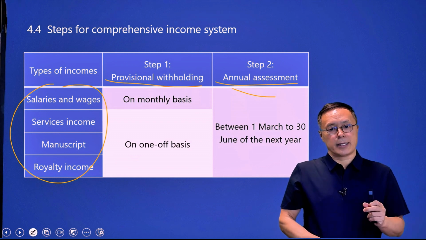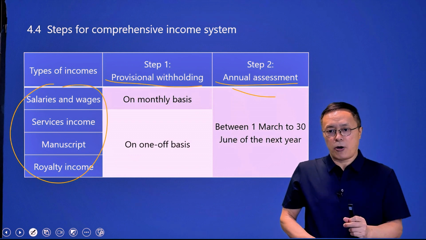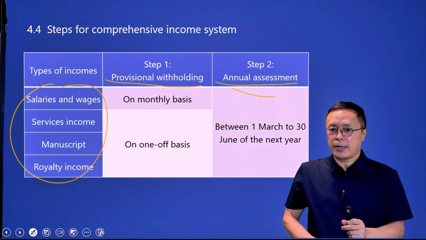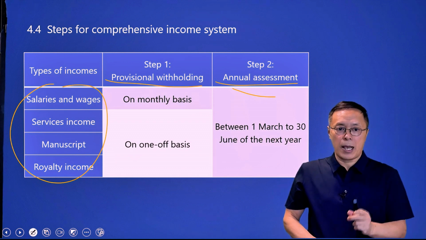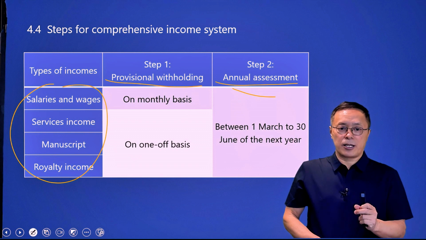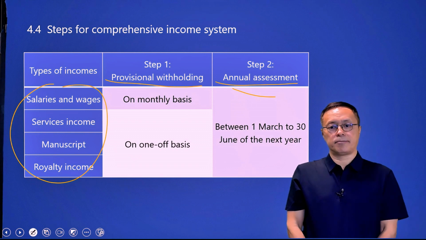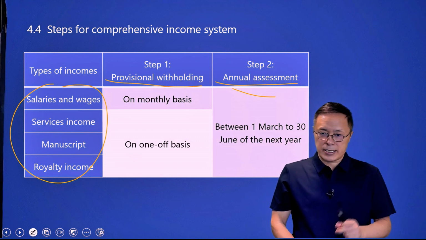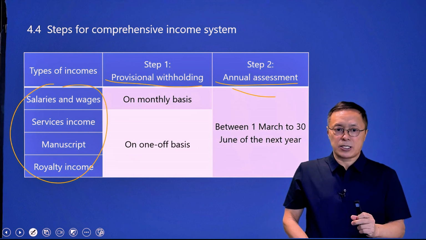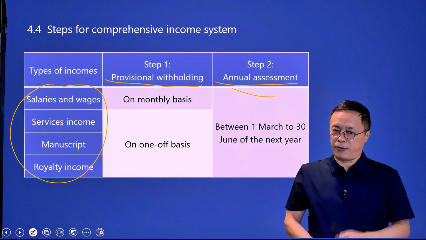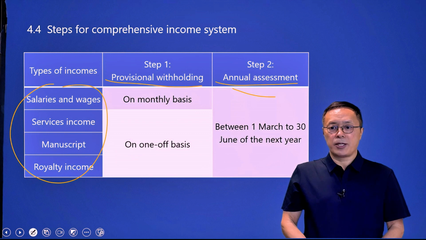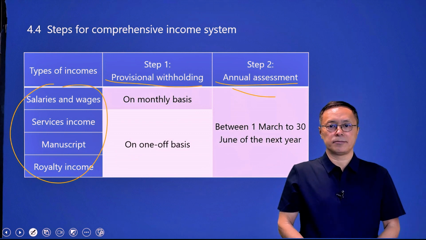And in some cases, the tax resident should also perform annual IIT filing on his or her own between the 1st of March and the 31st of June of the next year. In the first step, the methods of provisional withholding for different incomes are different. Now we'll come to them one by one.